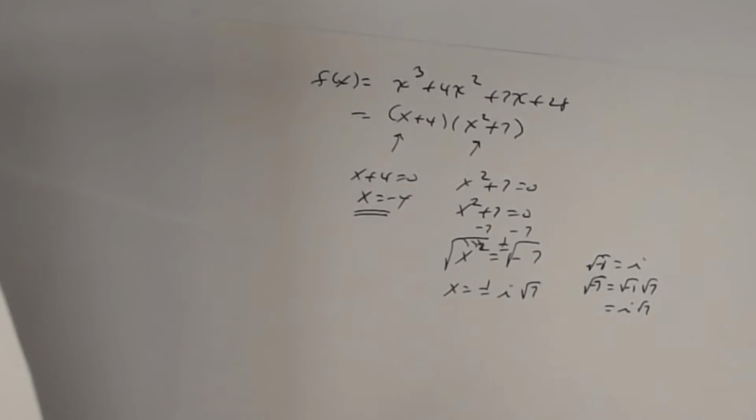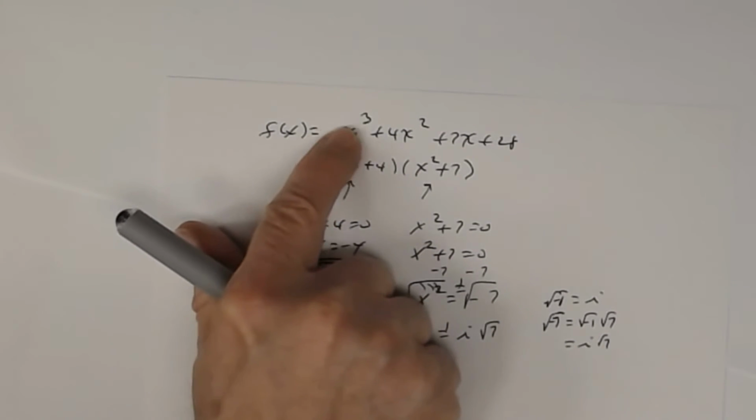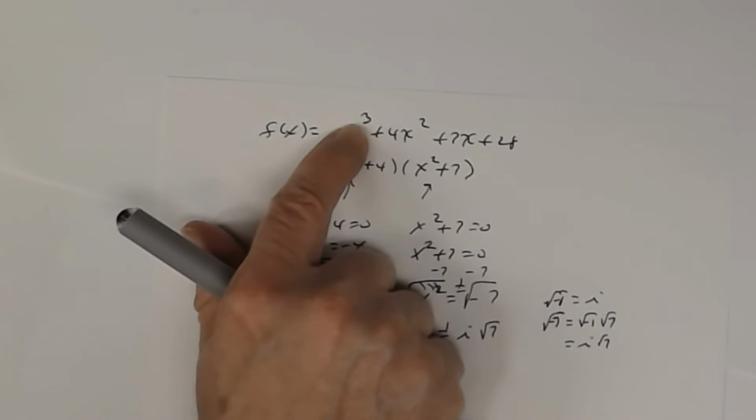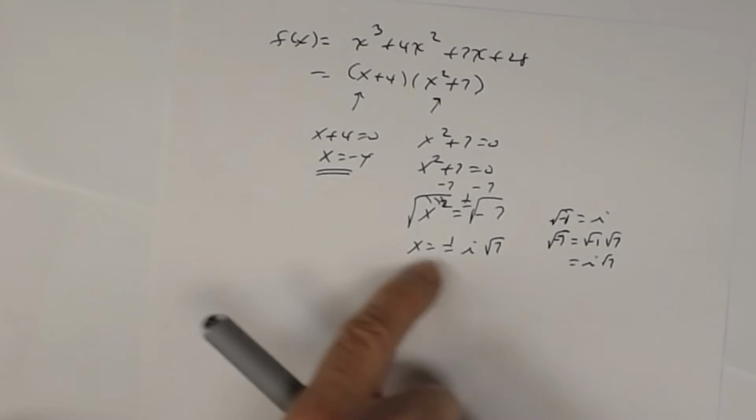So that plus or minus. So notice the fundamental theorem of algebra says I'm going to have three solutions, some of which may repeat. And notice I have 3 distinct solutions.